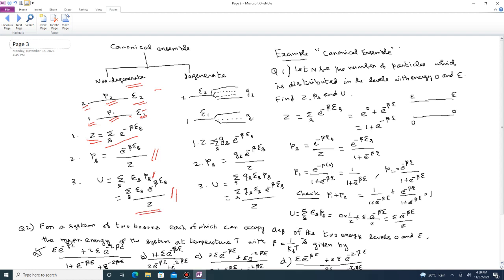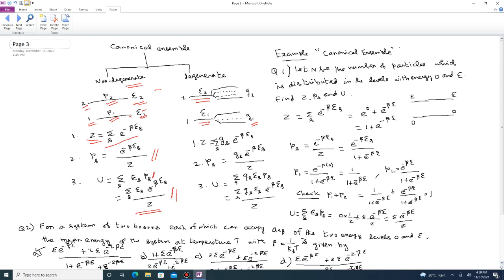Now let us consider a degenerate system for the canonical result. Here we consider two levels. E1 is the energy corresponding to level 1 and E2 is the energy corresponding to level 2. But here, let us assume that G1 is the number of states corresponding to energy level E1.